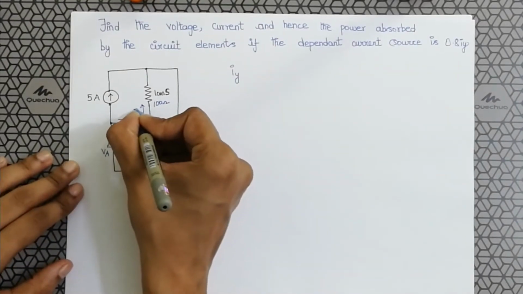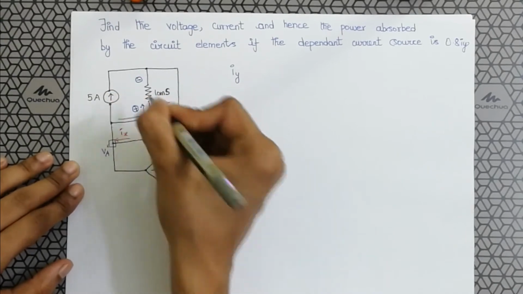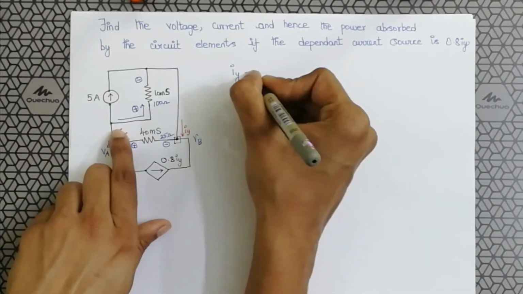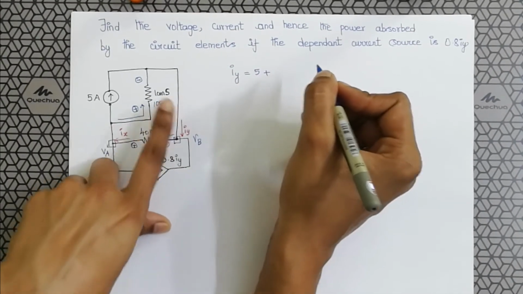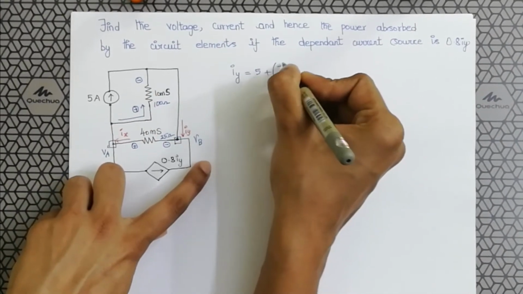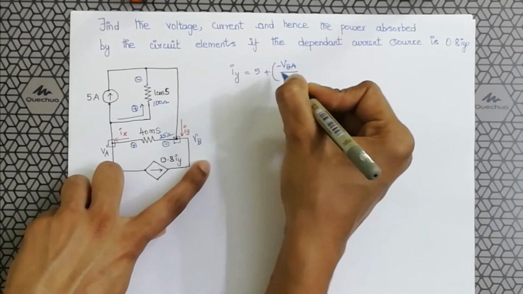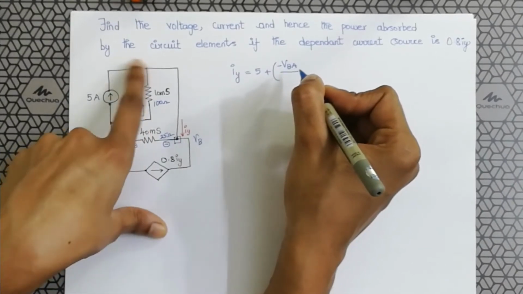So this is the plus terminal for this resistor and this is the minus terminal for this resistor. By KCL, Iy is 5 ampere plus VAB, or let us say minus VBA, because even in the previous circuit we considered the voltage B to be greater, and now we are going to add these currents.